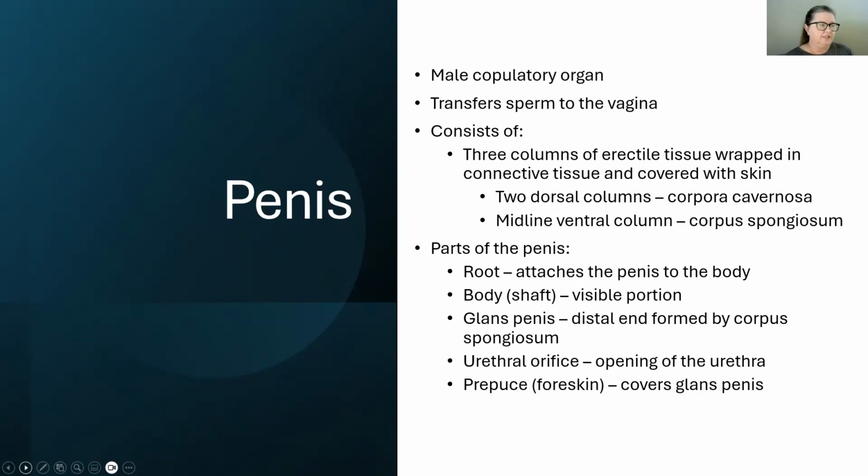At that distal end, there is the urethral orifice, which is the opening where the urethra comes out, and the prepuce, also known as the foreskin, that covers the glans penis. Now, this is only present in uncircumcised males because once circumcised, the majority of the prepuce is cut away, so it no longer covers the glans penis.